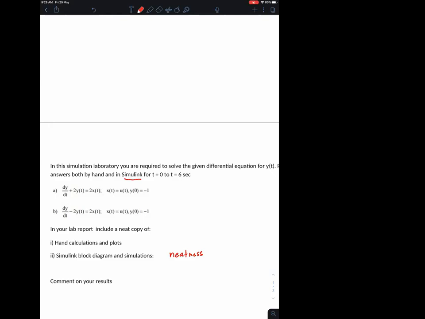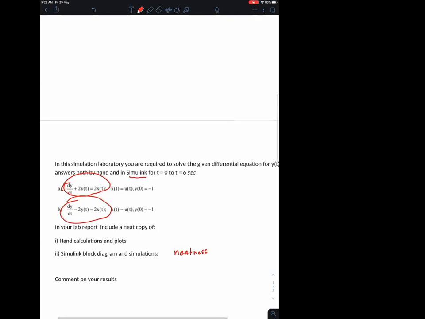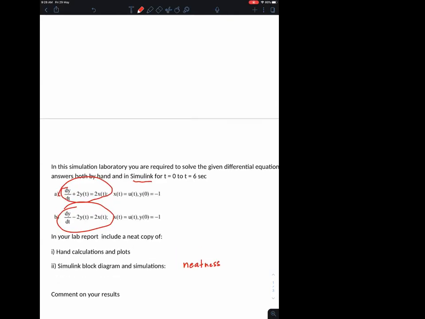So I recommend that you solve it by hand. You know how to solve this, right? You guys know how to solve this, isn't it? We have done this in mathematics 1A or 2A, I don't know, one or the other. You can either solve this by Laplace, or you can use one of the differential equation techniques we already talked about.